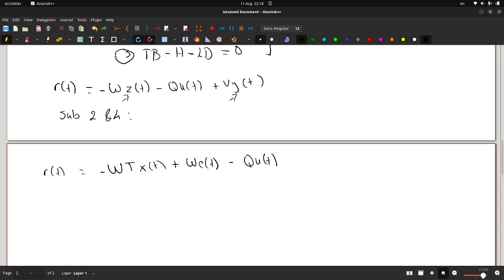Here we substituted z of t with Tx of t minus e of t, and we expanded. That's why here it's negative and here it's positive.